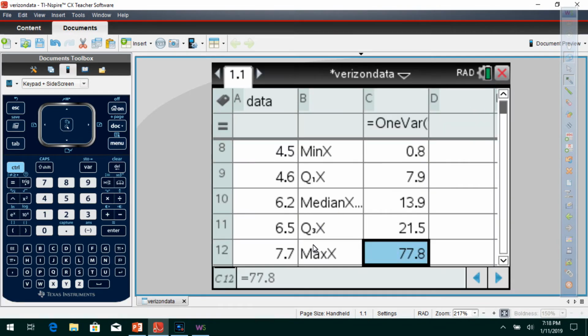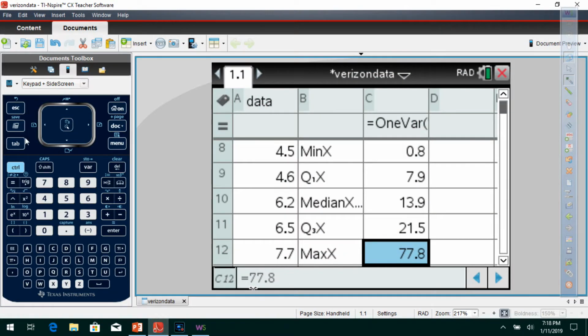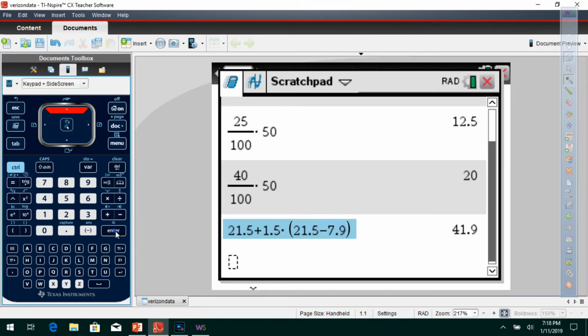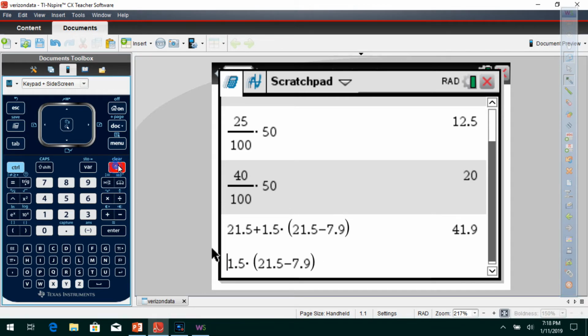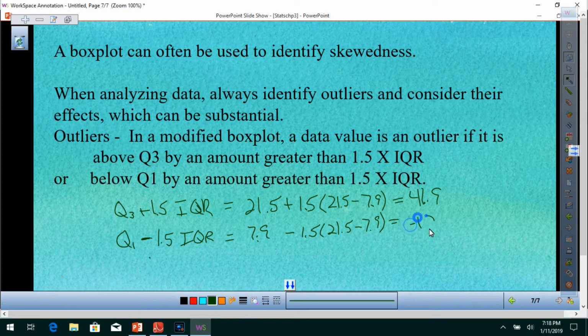Q1 is 7.9. So let's try that. 7.9 minus, and see what we got. Negative 12.5.